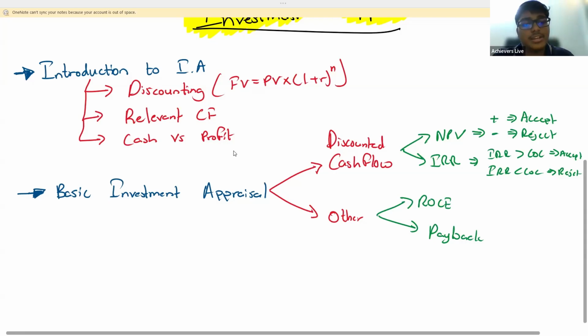You can calculate it as average profit over average investment, or average profit over capital employed.